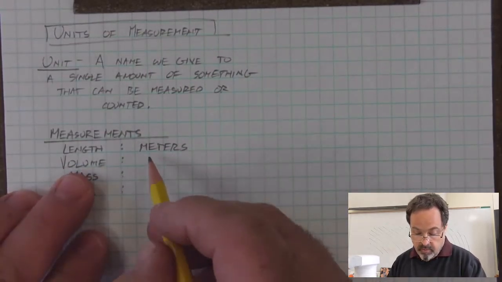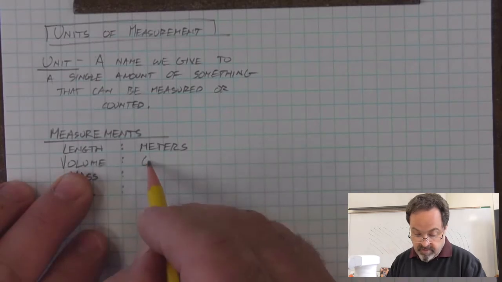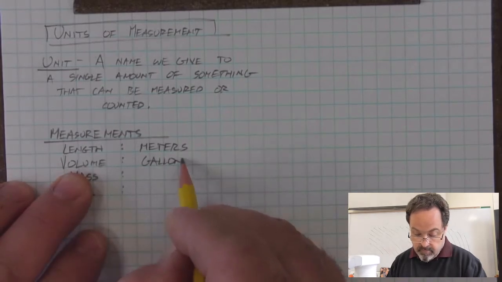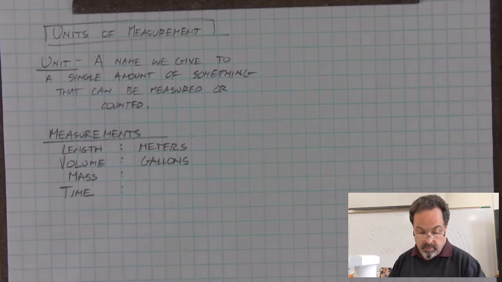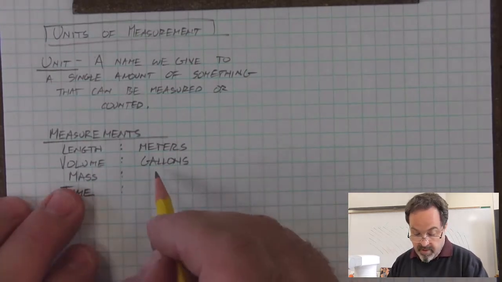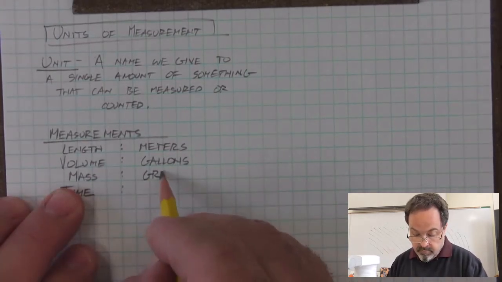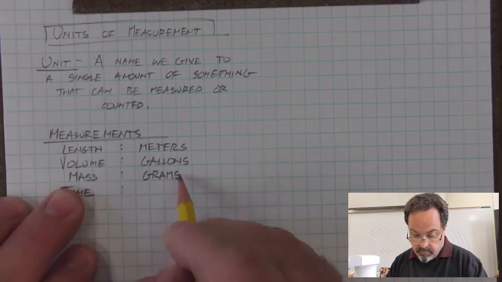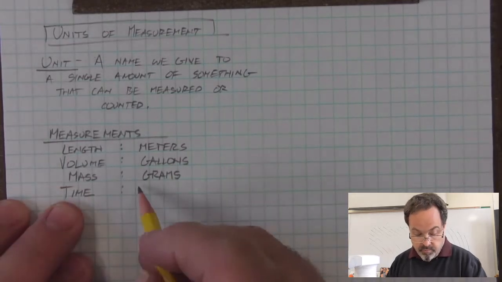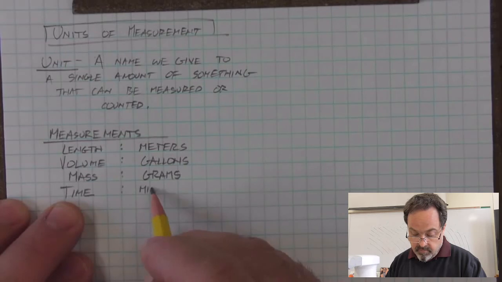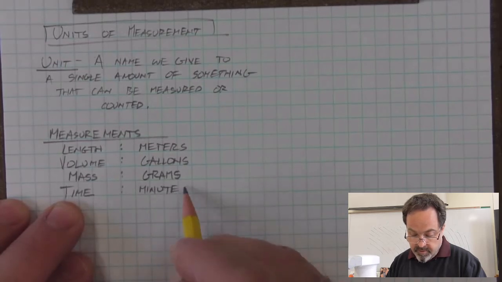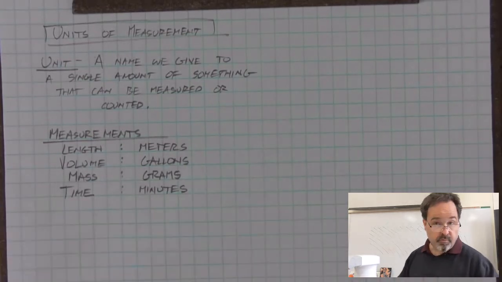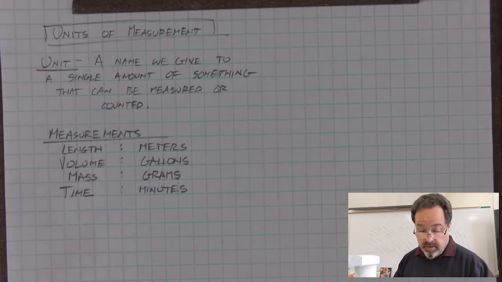A very common measurement of volume is gallons. A common measurement of mass is grams. And a common unit of measurement of time is the minute, or minutes. These are just examples. And every unit has an abbreviation.